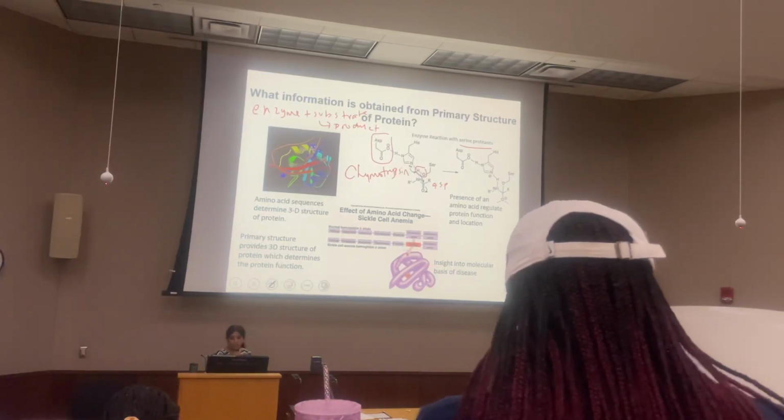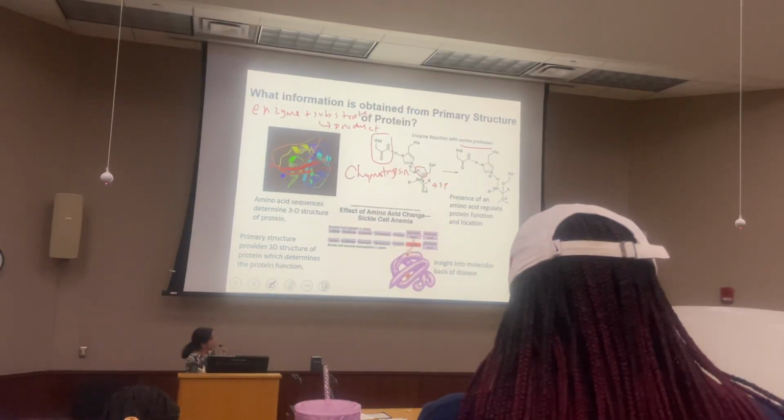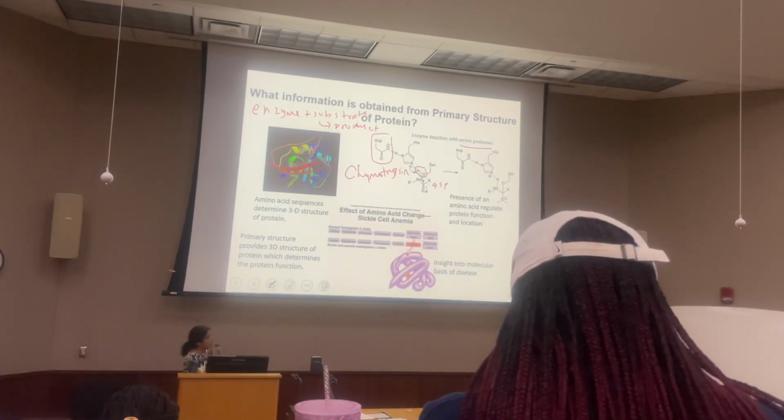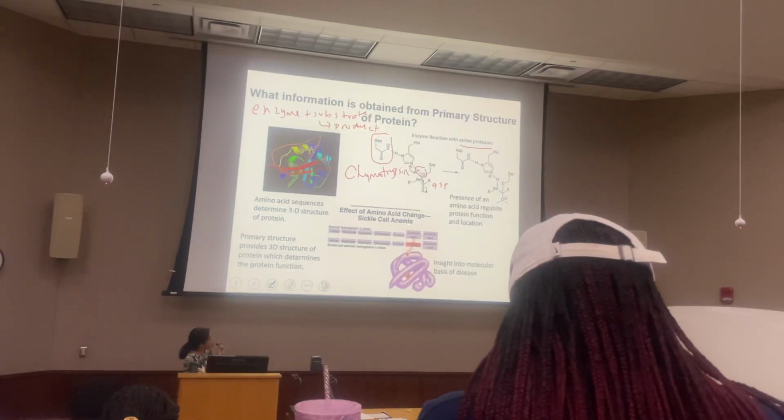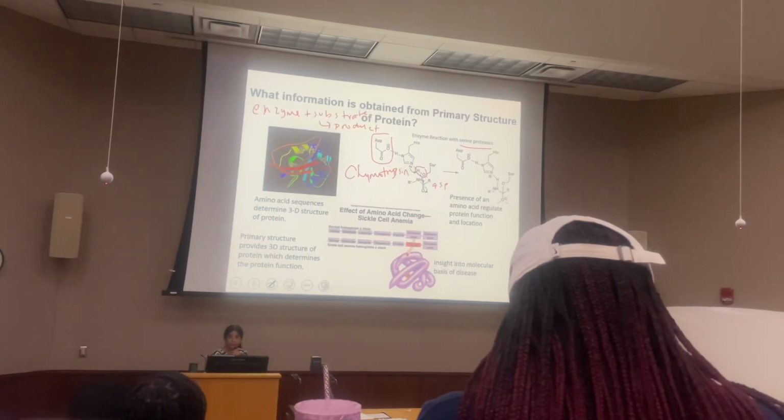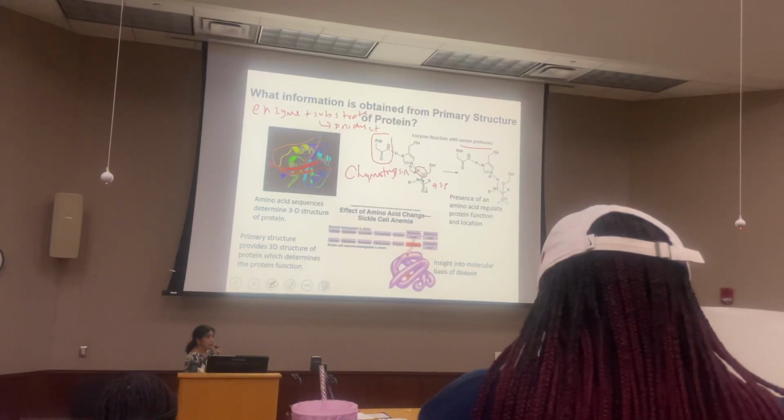One of them is sickle cell anemia, and we'll dive into more detail, but I want you to get a glimpse of how important these amino acids are. Normal hemoglobin has glutamic acid at the beta chain. In people with sickle cell anemia, there is a mutation in the gene, and once it gets translated, it becomes a valine.